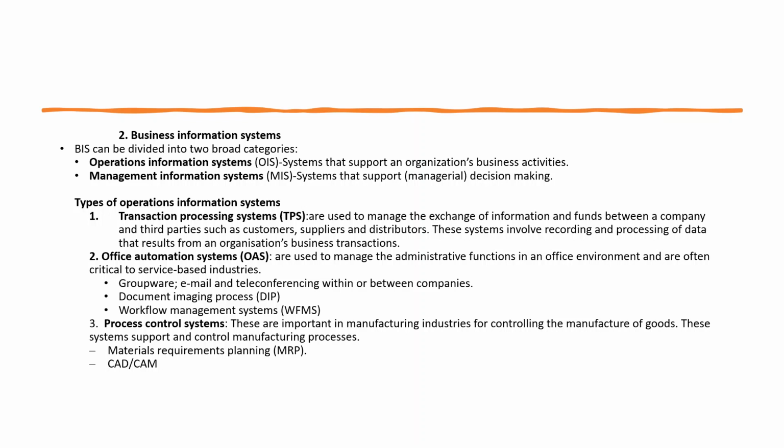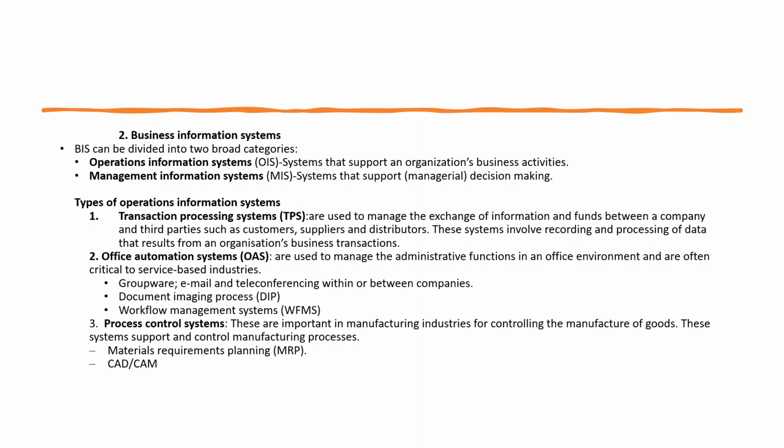And then the third type of operational information system, there we have the process control systems, which are important in manufacturing industries for controlling the manufacture of products, or simply support and control manufacturing processes.